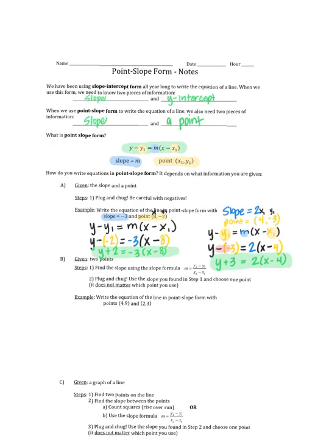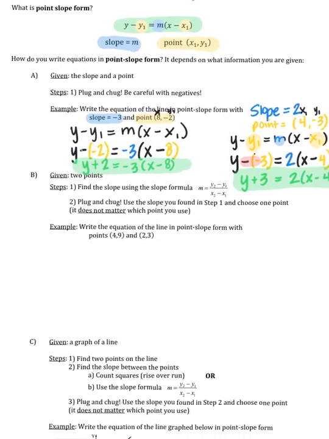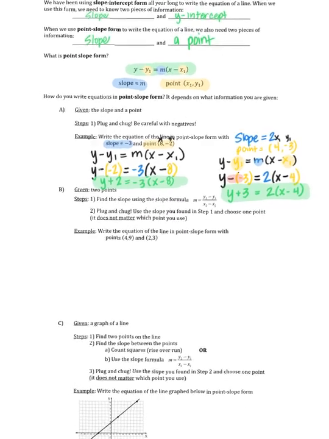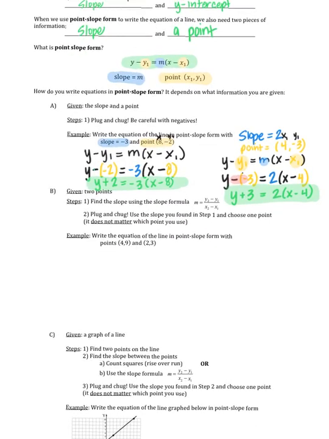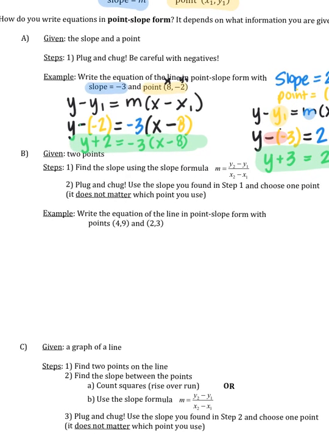Okay. So this is just a review. Letter B is when we're finding the slope with 2 points. Remember, we did this last week. I'm going to rewrite these a little bigger: (4, 9) and (2, 3). We did this part last week where we used y2 minus y1 over x2 minus x1.